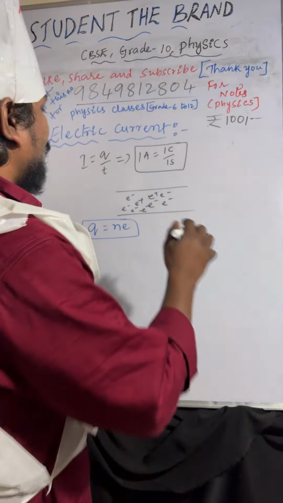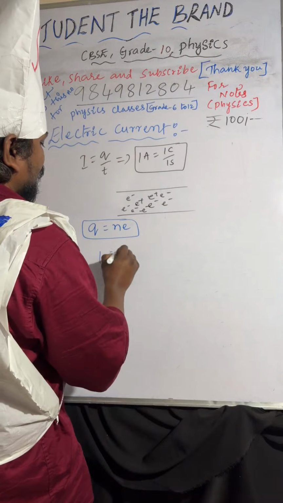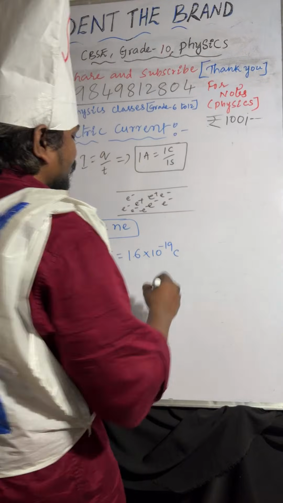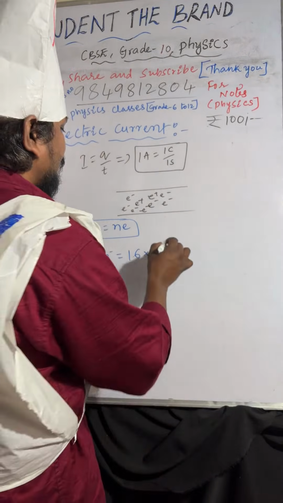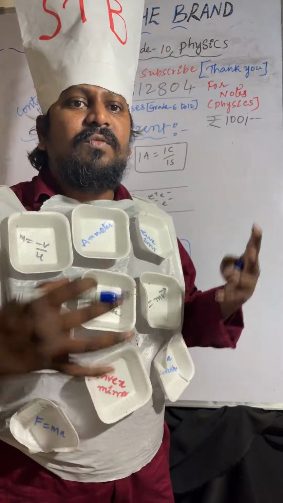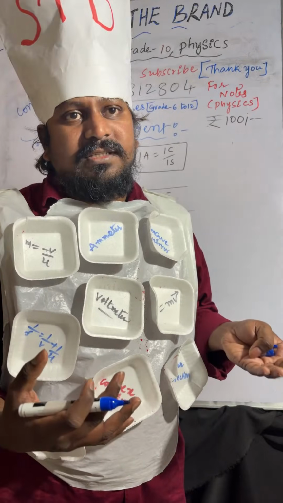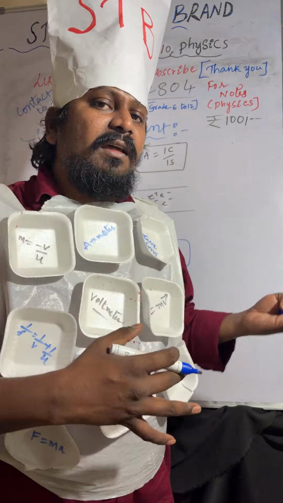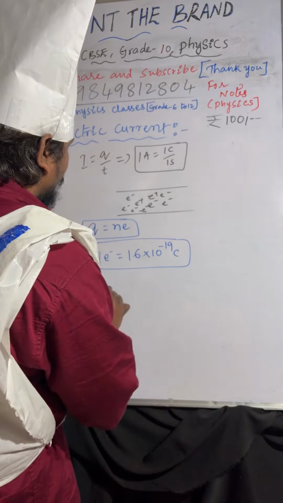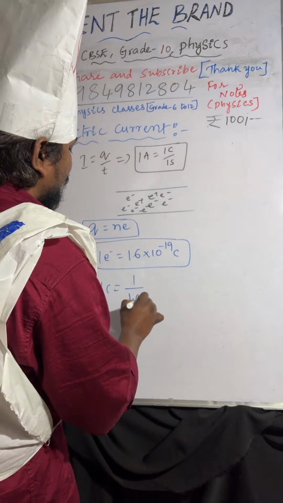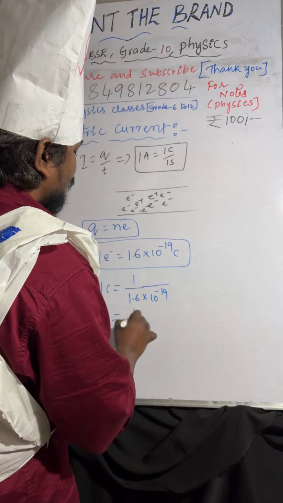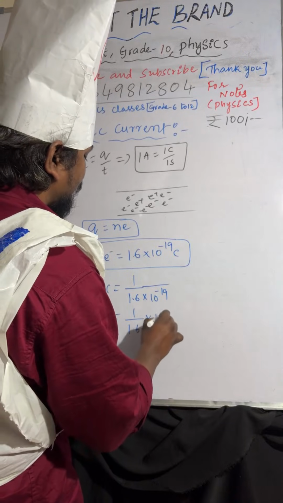Now, on 1 electron there is 1.6 into 10 power minus 19 coulomb of charge. So in 1 coulomb, how many electrons are present? It is 1 by 1.6 into 10 power minus 19, which is 1 by 1.6 into 10 power 19.